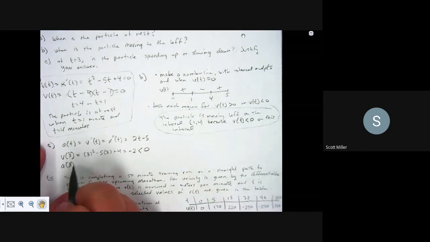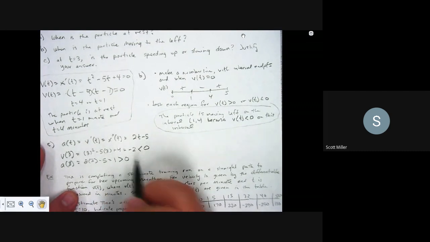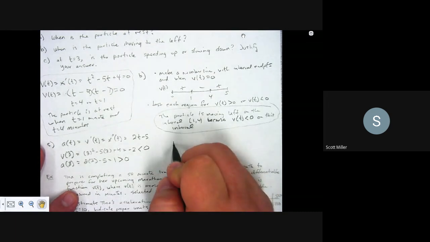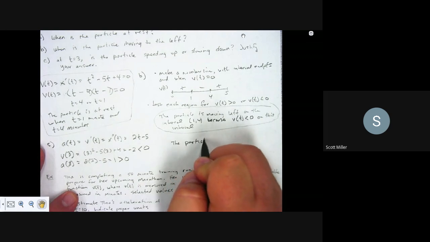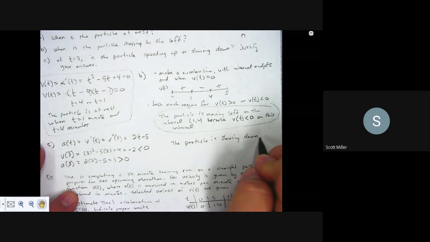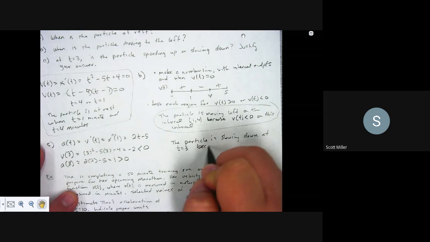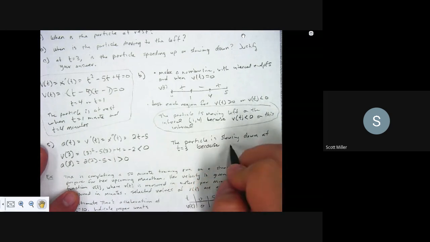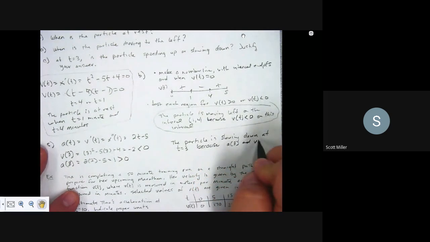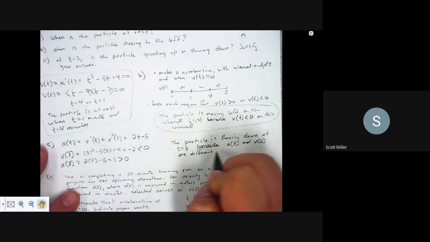And what is the acceleration then at 3? Well, it's 2 times 3 minus 5, which is equal to 1, which is greater than 0. So they are of different sign. Based off of that, I can conclude the particle is slowing down at t equals 3 because A of 3 and V of 3 are different signs.